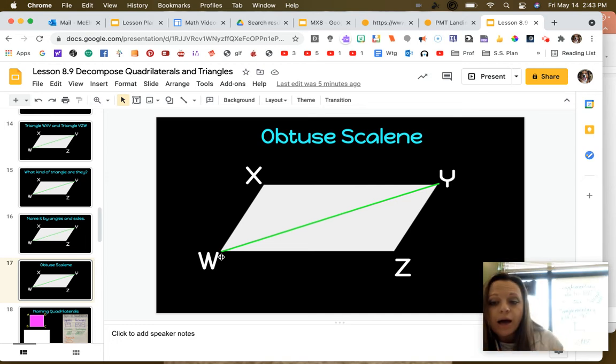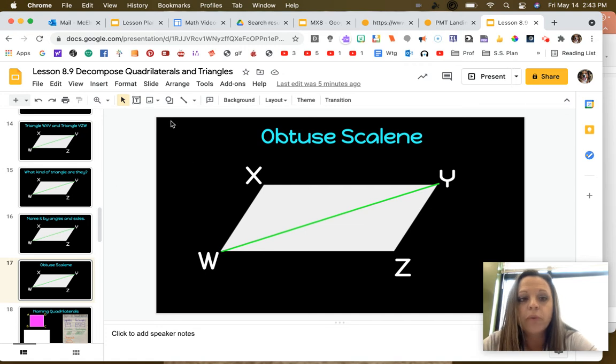So remember, an obtuse angle is greater than 90 degrees. So if your triangle has one angle that is obtuse, then it is an obtuse triangle.